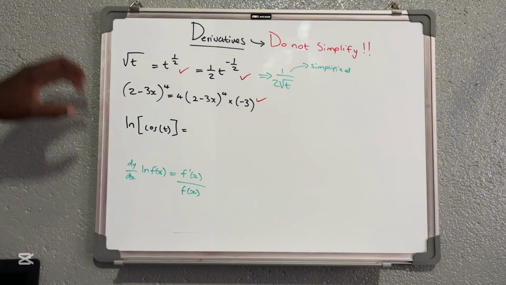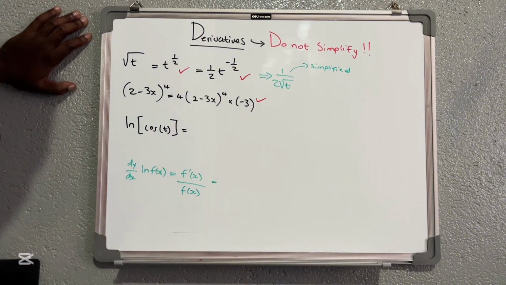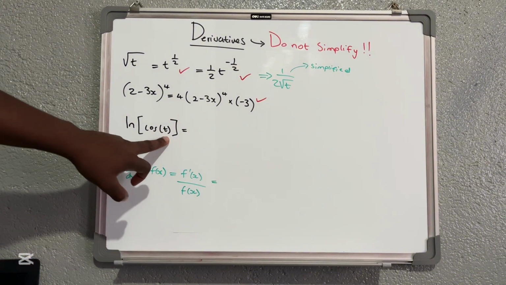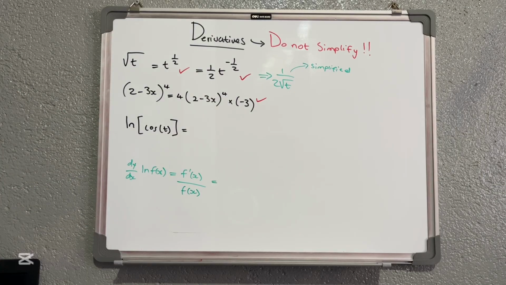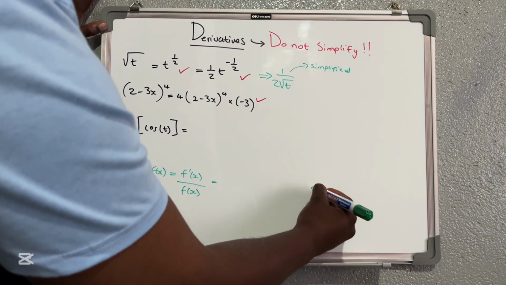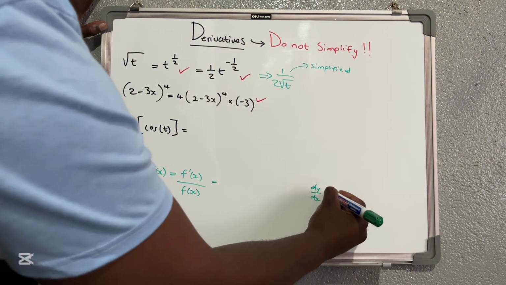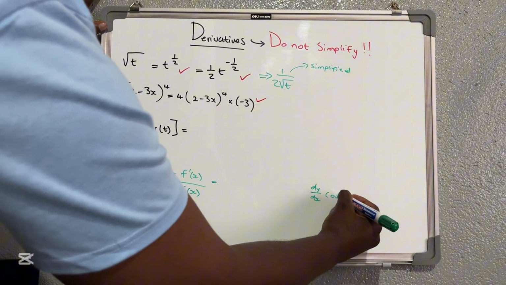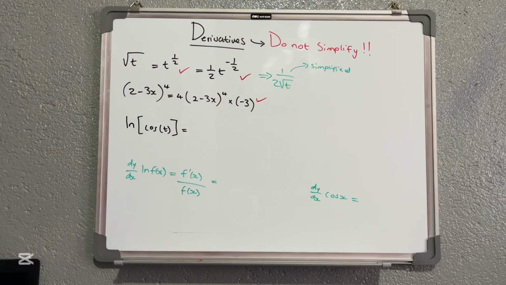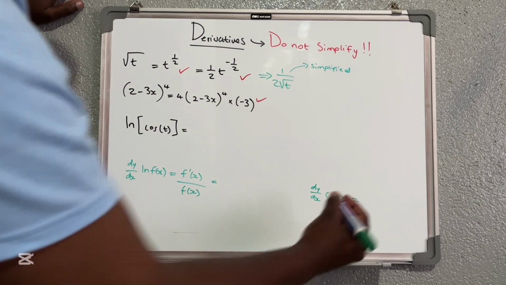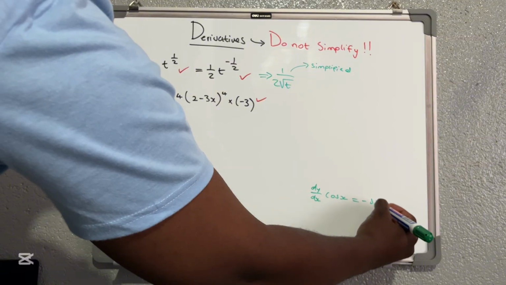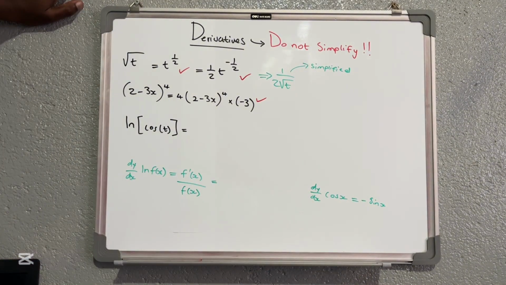Here, what's inside is cos of t. If we're differentiating cos of x, we always get minus sine of x.